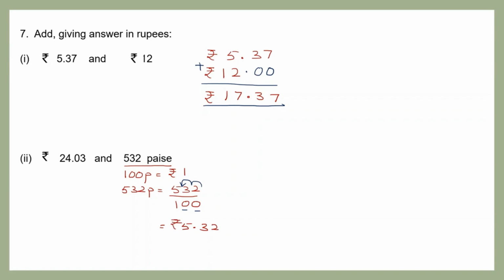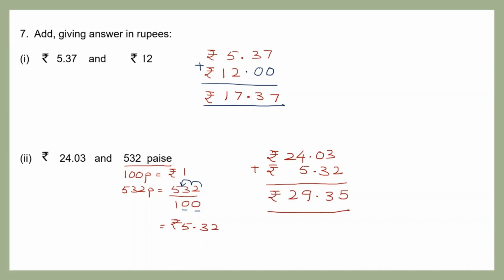Okay, so now let's do our addition. So let's write down the first number, rupee 24.03, and this is rupee 5.32. Let's do the addition. Both are like decimals, so we just have to carry on with our addition. 3 plus 2 is 5, 0 plus 3 is 3, 4 plus 5 is 9, write down 2 rupees.